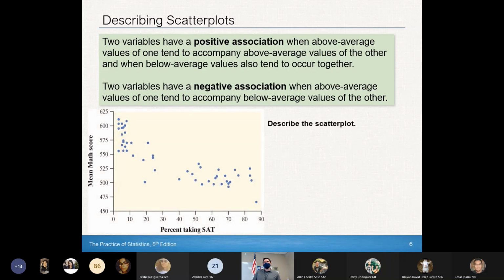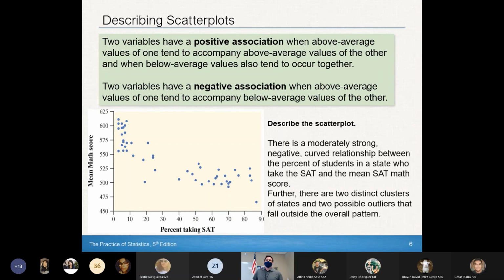Here we have an example scatterplot comparing percent of the population taking an SAT and the mean math score. Describing the scatter plot, we have there is a moderately strong negative curved relationship between the percent of students in a state who take the SAT and the mean SAT math score.